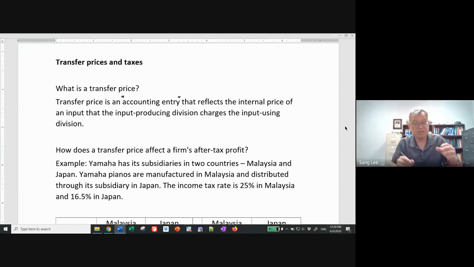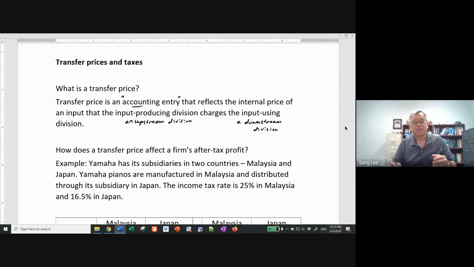Just for the record, they have to record this. Input producing division means an upstream division, and the input using division is a downstream division.